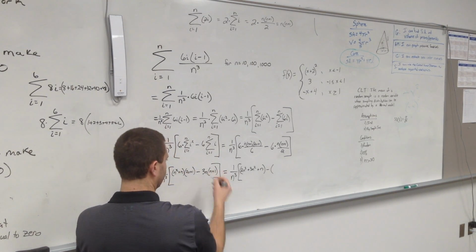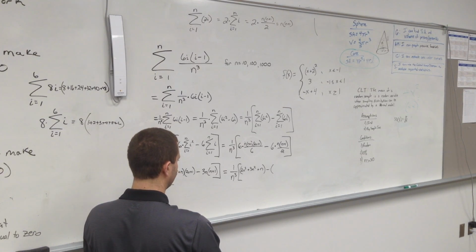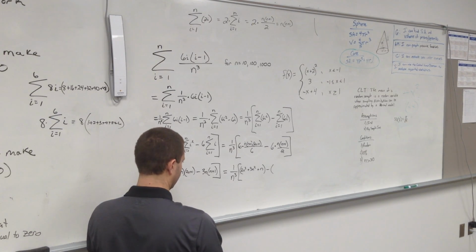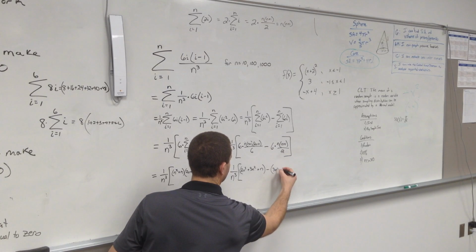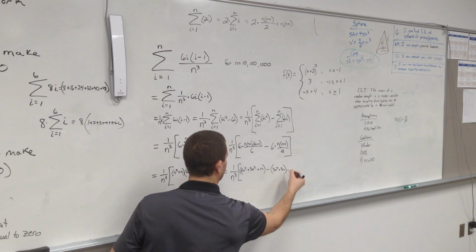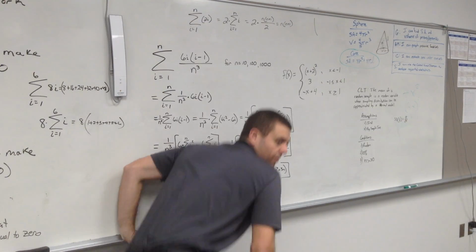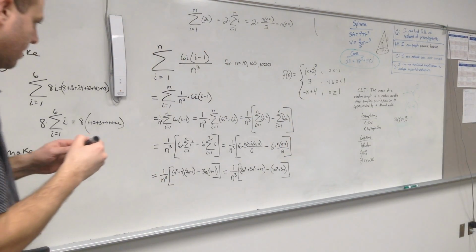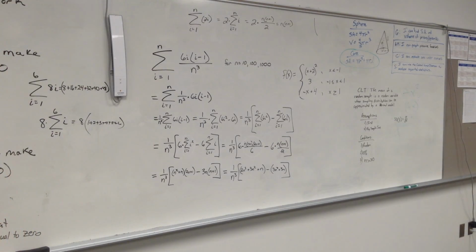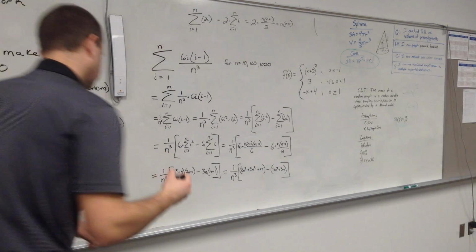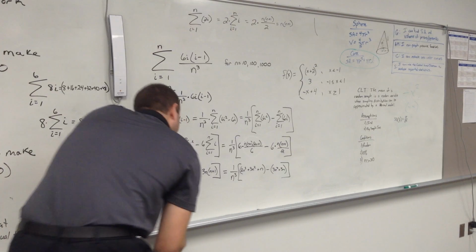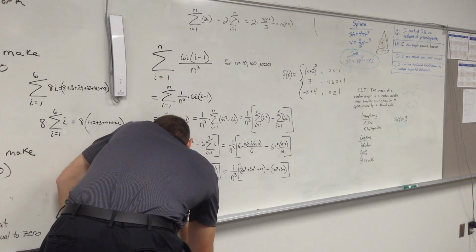Minus, what do I get for that last product? 3n squared plus 3n, right? Okay, great. Now we plug in? Oh, come on. We got like terms.